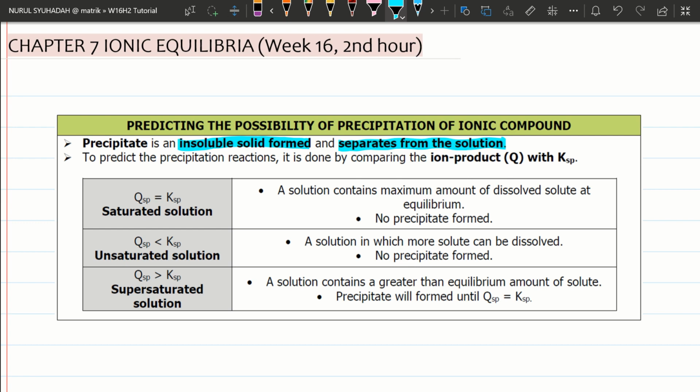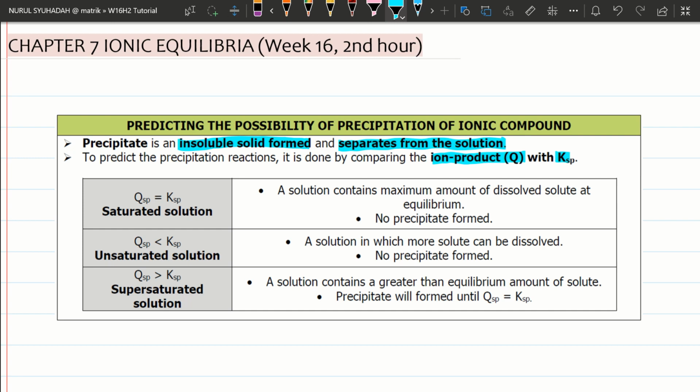Okay, so now to predict the precipitation reaction, it is done by comparing the ion product Q with KSP. Okay, apa beza Q dengan K? The same as we did before. Untuk KC and KP, Q at any time, K at equilibrium. Okay, itu je yang awak kena ingat.